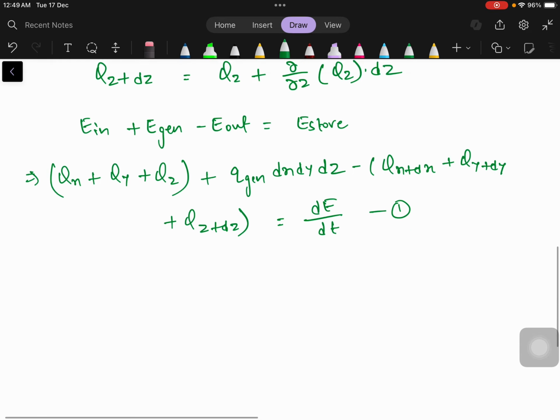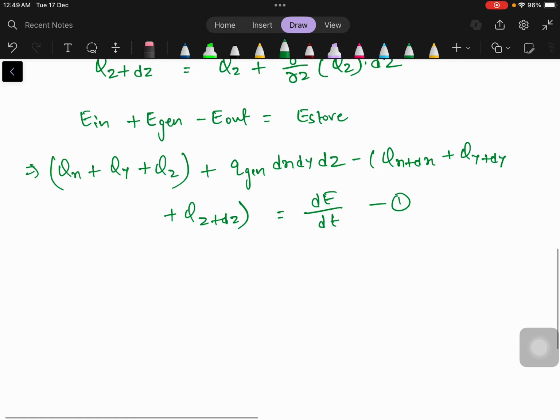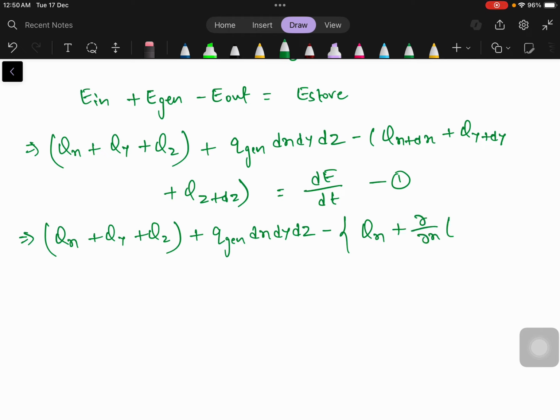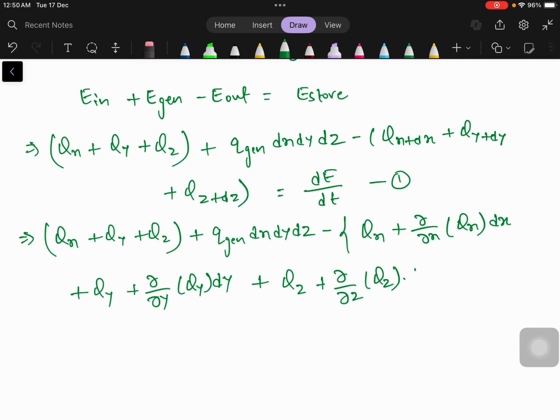Now we will put the values of Qx plus dx, Qy plus dy and Qz plus dz in equation 1, and we will get Qx plus Qy plus Qz plus q generated dx dy dz, minus Qx plus del by del x Qx dx, plus Qy plus del by del y Qy dy, plus Qz plus del by del z Qz dz.